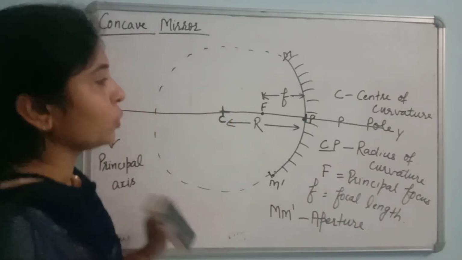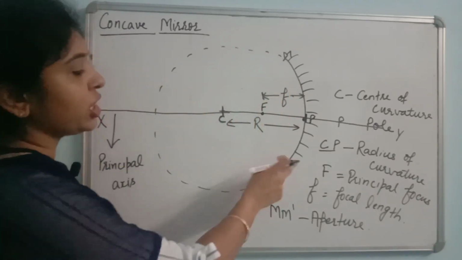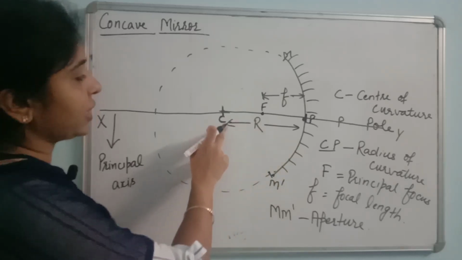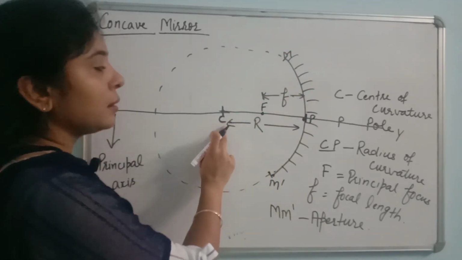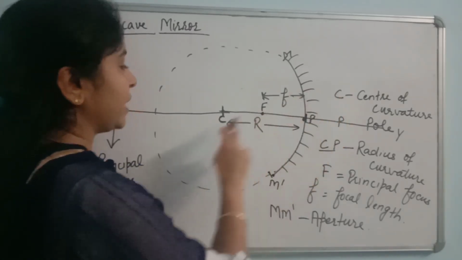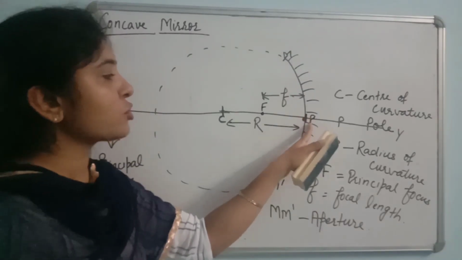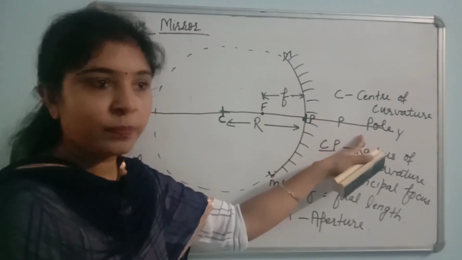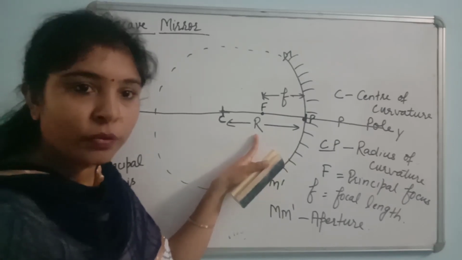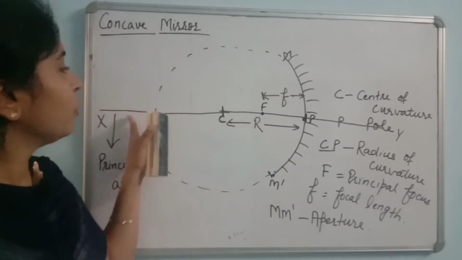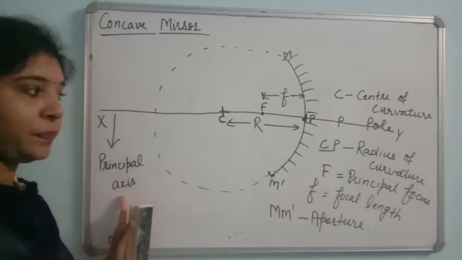So firstly you should know these key terms. The center of the sphere of which the mirror is a part, that center we call center of curvature, and it is denoted by C. The middle point of the mirror we will say pole, and the distance between this center and pole is called radius of curvature. The line which passes from the center and pole is called principal axis.